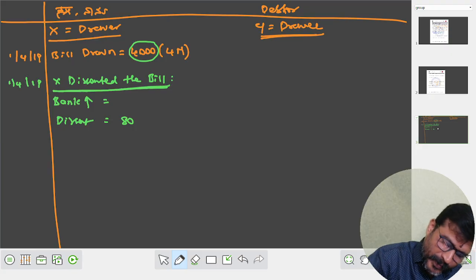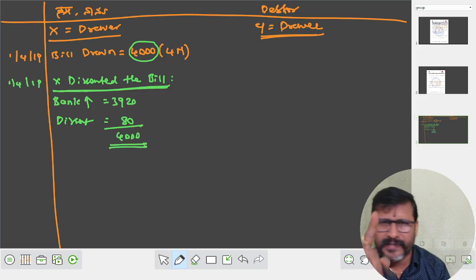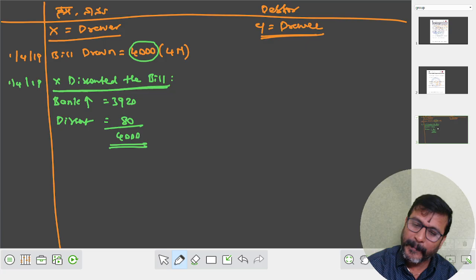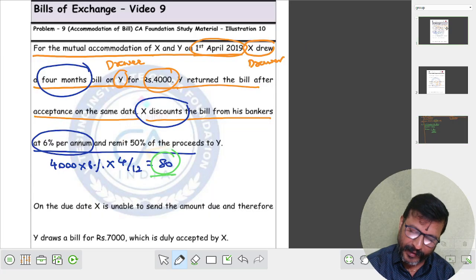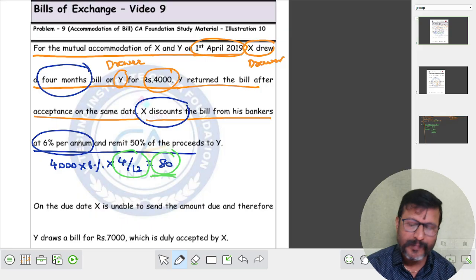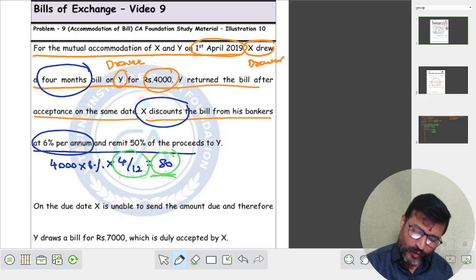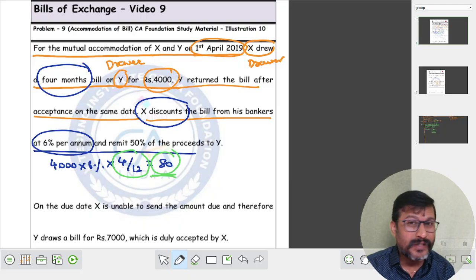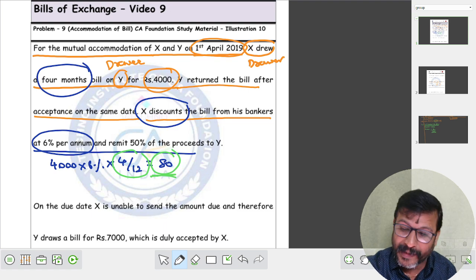Then the bank will increase by 3,920. My dear students, did you understand how you got 4,000, 3,920, 80? The discount is calculated for a period of 4 months at 6% per annum. It comes to rupees 80. So out of 4,000, less 80 discount, the discounted value of the bill is 3,920. I hope you understood, right?